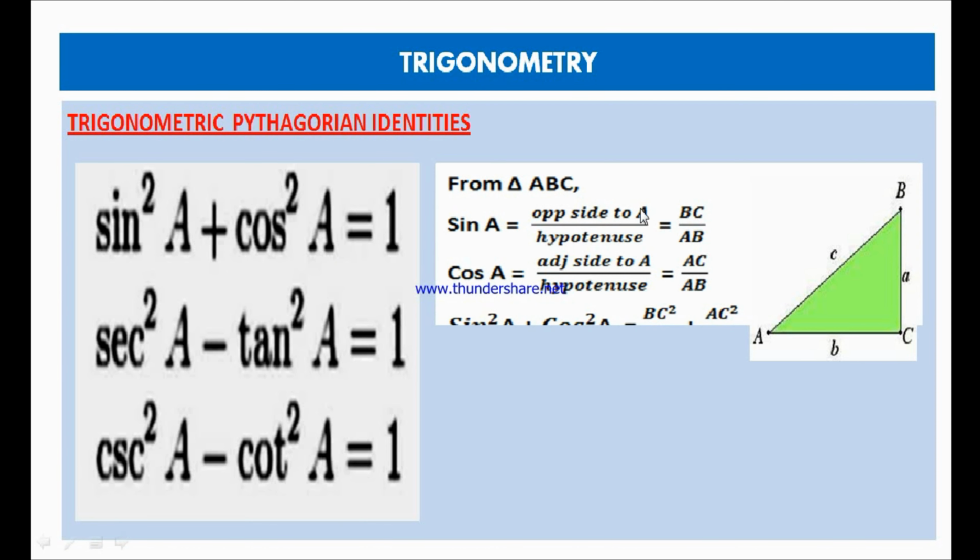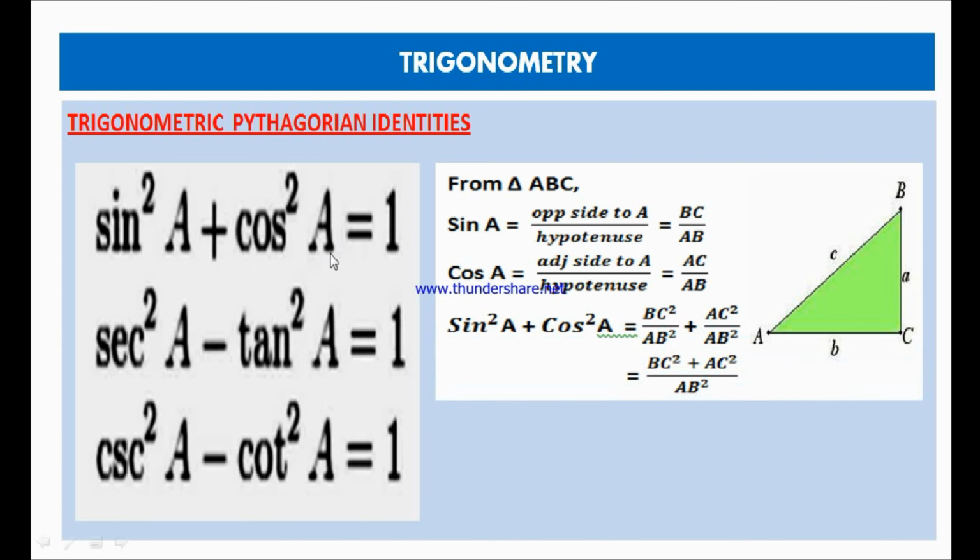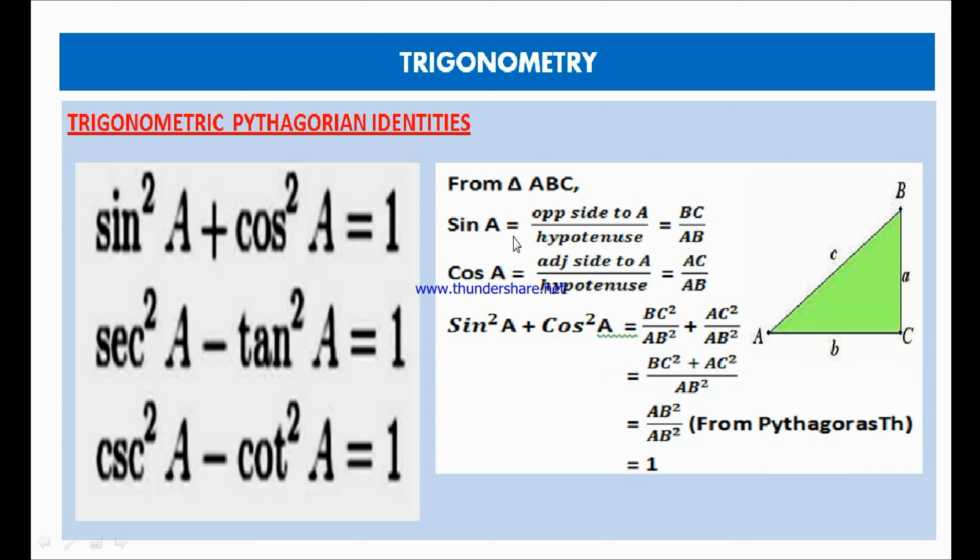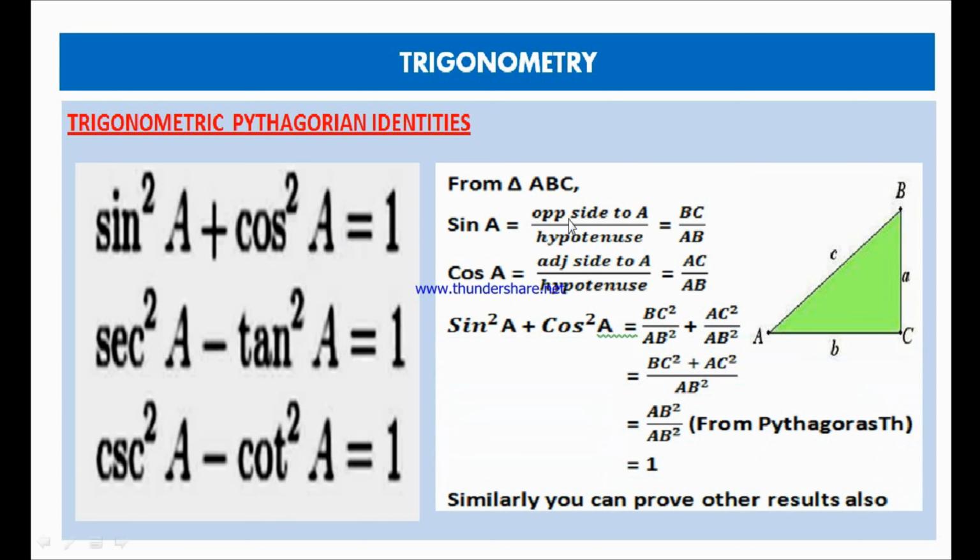If you consider this triangle ABC, let us write the value of sin A and cos A. The formula to write sin A, we already came across this. Sin A is equal to the side opposite to vertex A by hypotenuse. Now the opposite side to A is BC, hypotenuse is AB. Therefore sin A is equal to BC by AB.